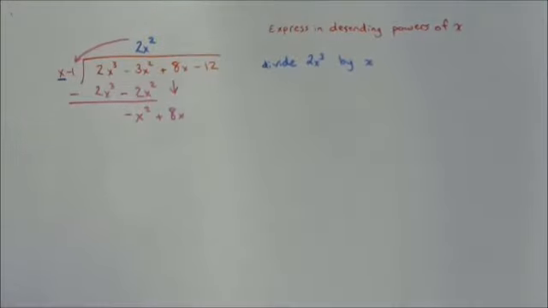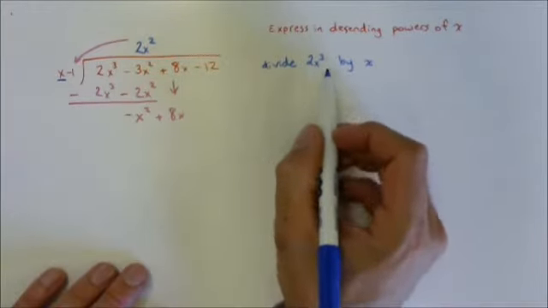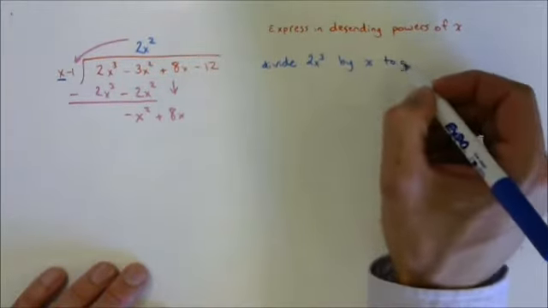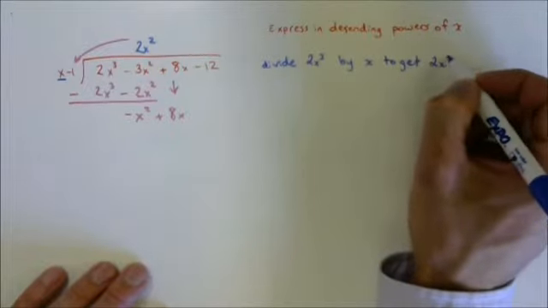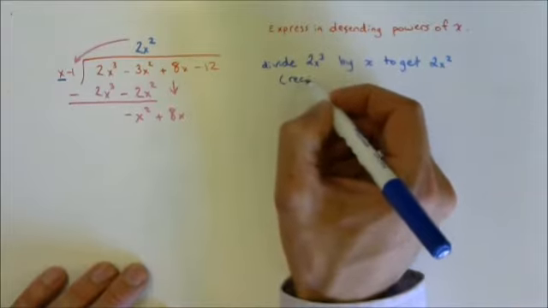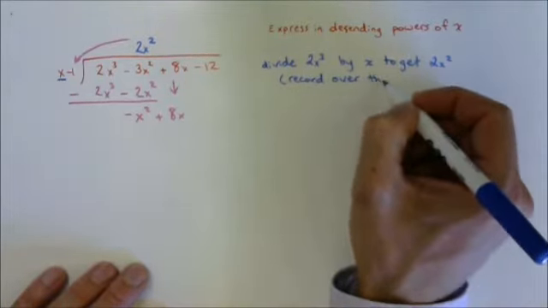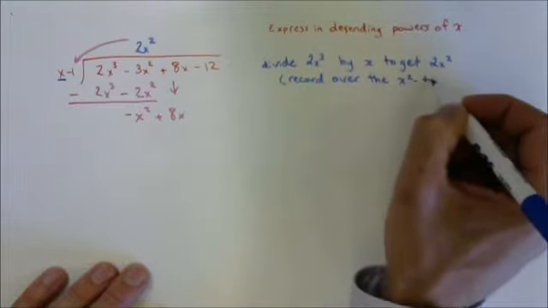I'm going to pause there to just write a couple steps of what we've done. What did we do? First thing, we divided 2x cubed by x to get 2x squared. Record over the x squared term.